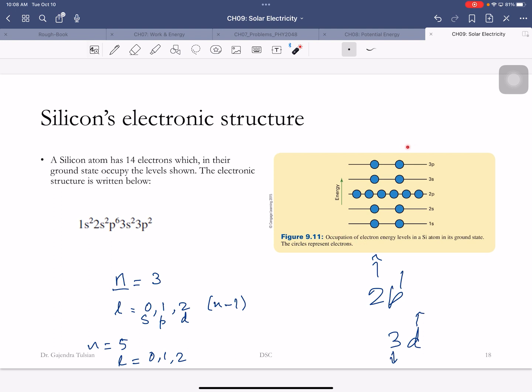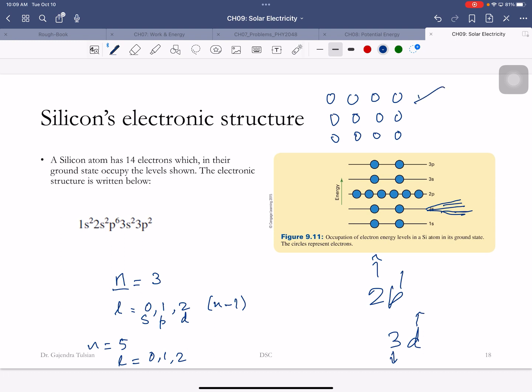Okay. So here is the electronic configuration of silicon. What we're going to do is build semiconductors. If you take a whole bunch of silicon atoms and build a solid out of it, each of these levels smears out.